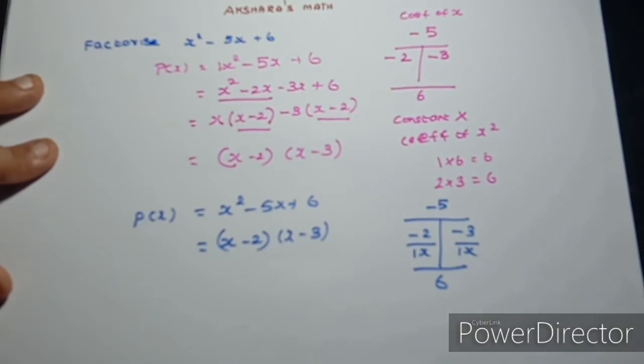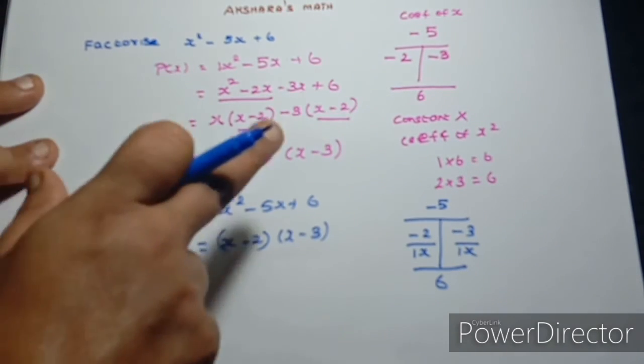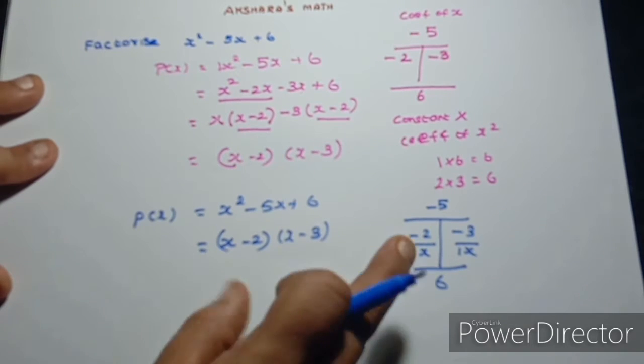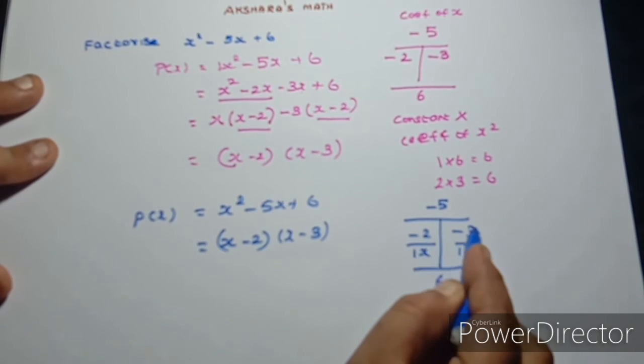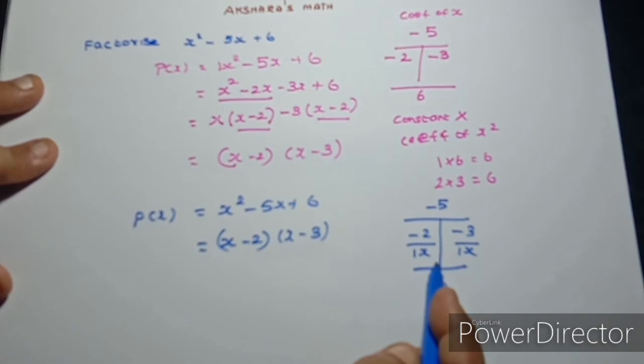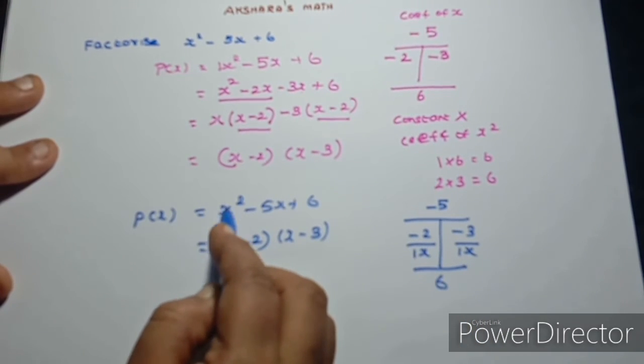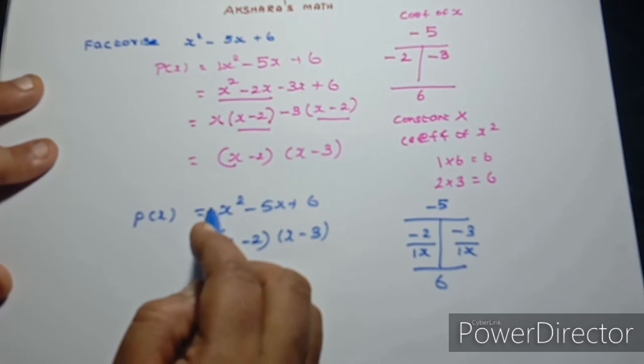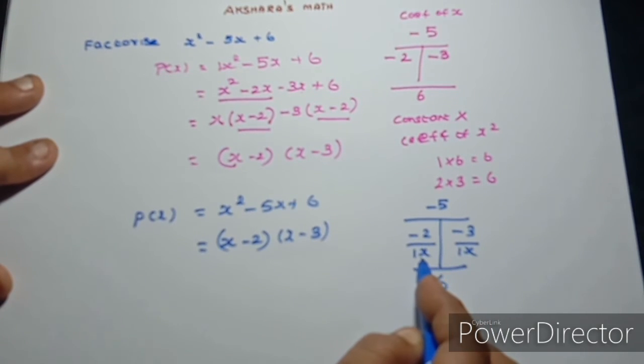Instead of taking out common factors, you can straight away write these factors and then divide with x along with its coefficient. Whatever is the coefficient of x square, that into x you have to put, and if there is anything common, you have to cancel it. Because here there is nothing common, I have straight away written the answer.